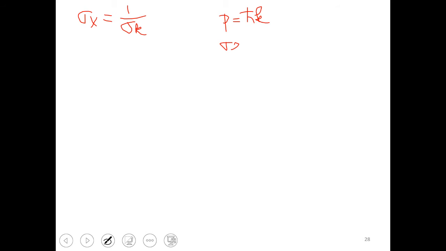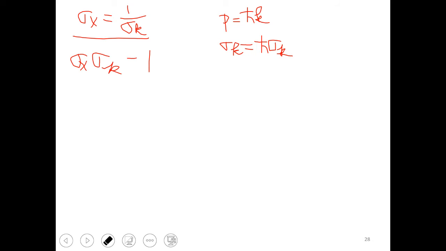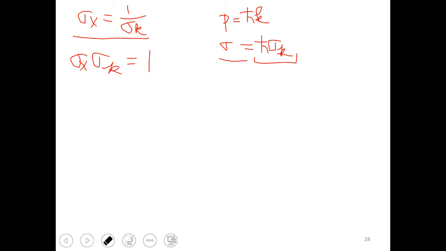So sigma p is also h bar sigma k. Here we'll have sigma x sigma k equals 1. So this one should be sigma p, the standard deviation of the momentum.